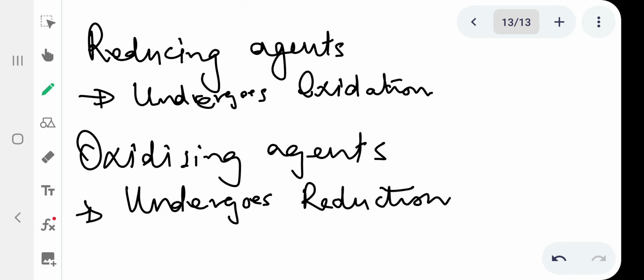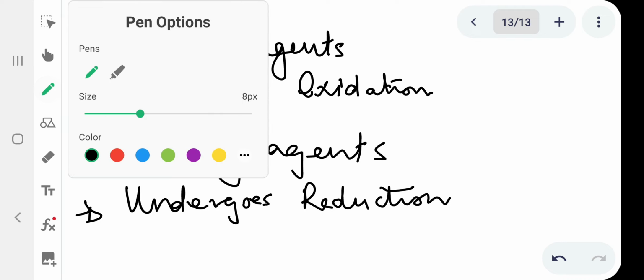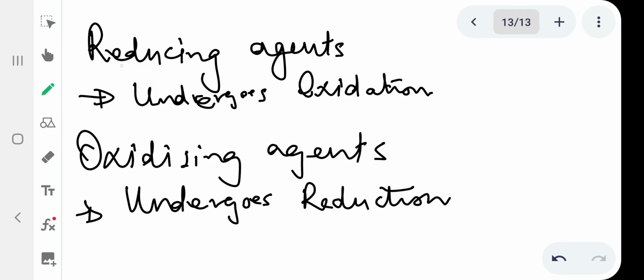It's sometimes confusing, as learners say that since it's reducing, it is the substance that undergoes reduction, which is not true. The reducing agent undergoes oxidation and the oxidizing agent undergoes reduction. It's sort of like opposites.